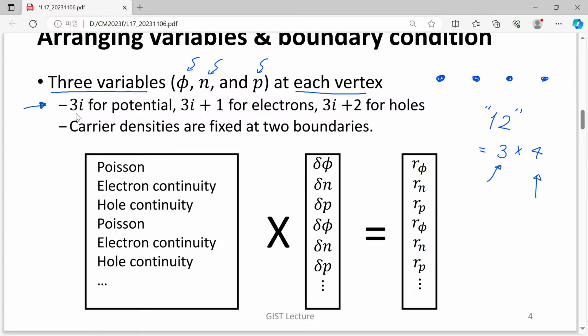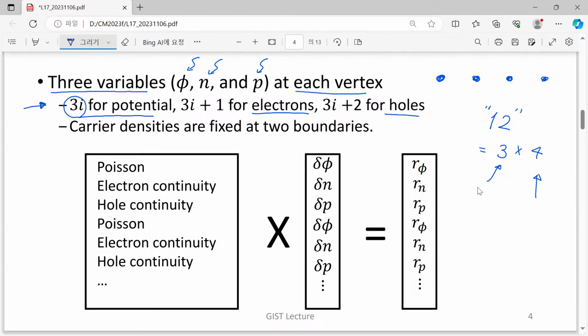Please assign your potential first, electron next, and hole last. So, simply speaking, phi, n, p; phi, n, p; phi, n, p. That is the way of arrangement.